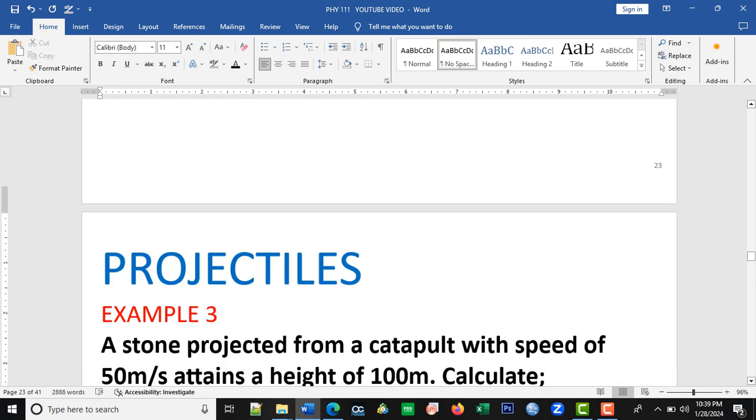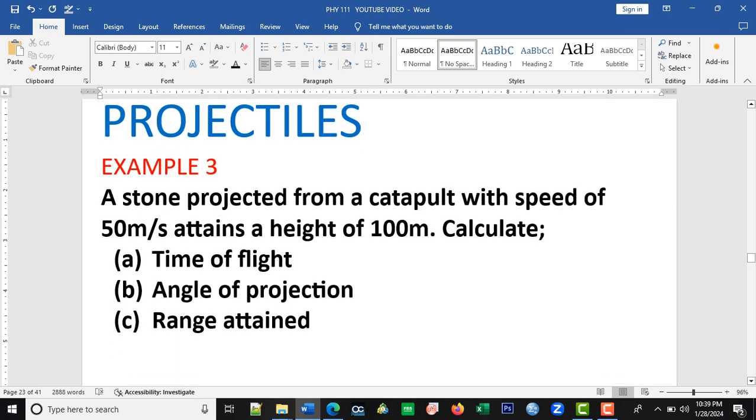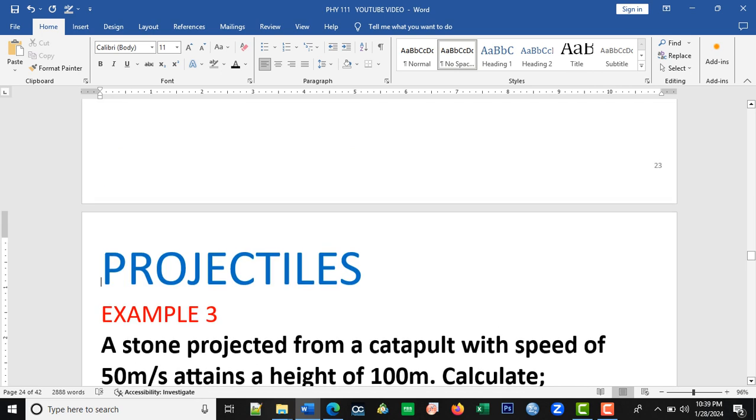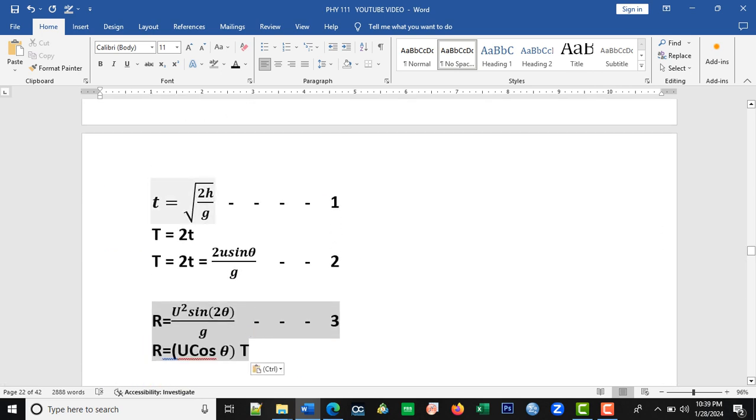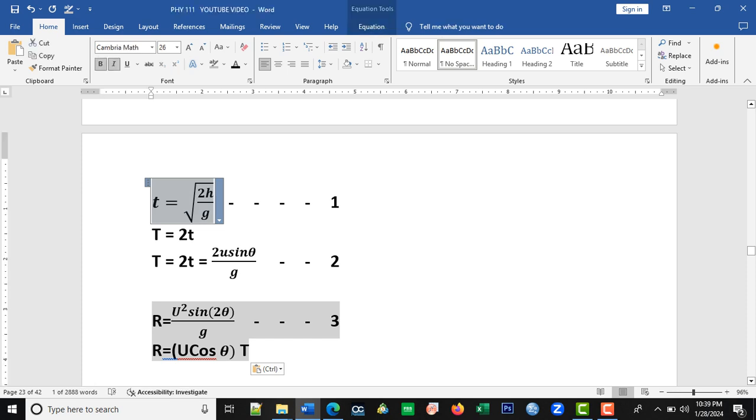Okay, so the first one says time of flight. We are going to pick the first expression here for the time of flight. The time of flight is the time for the projectile to go up and then return to the same level in which it was projected.